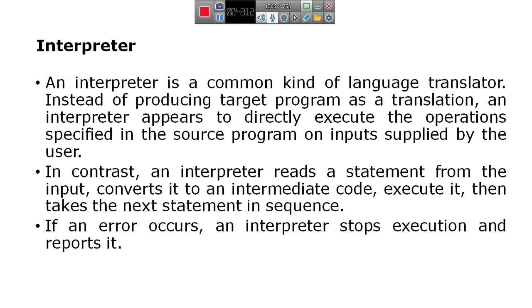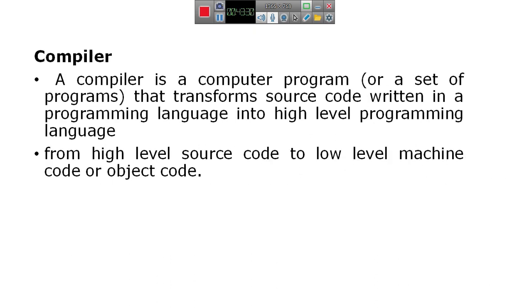But the interpreter converts it line by line, and the compiler converts the total program at once from the source code into low level machine code or object code.